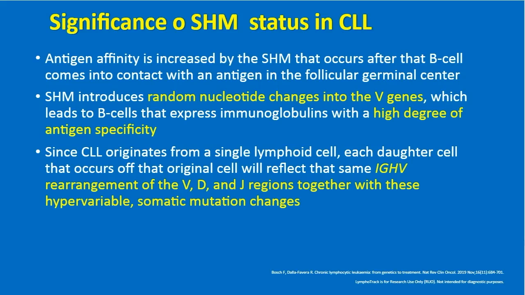That is one of the hallmark advantages of its mutated status. Since CLL originated from a single lymphoid cell, we know that each daughter cell would have the same IG rearrangement with these mutational changes.